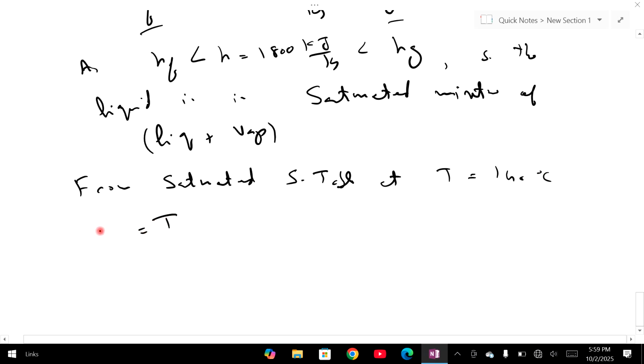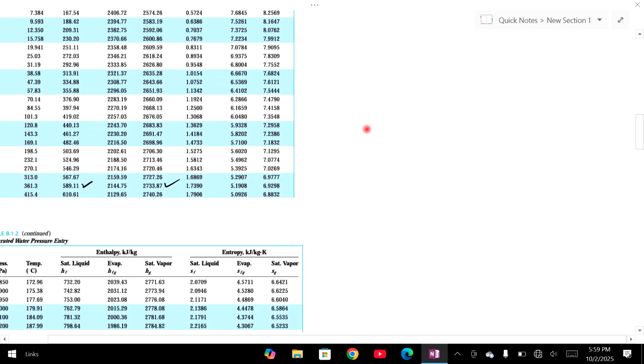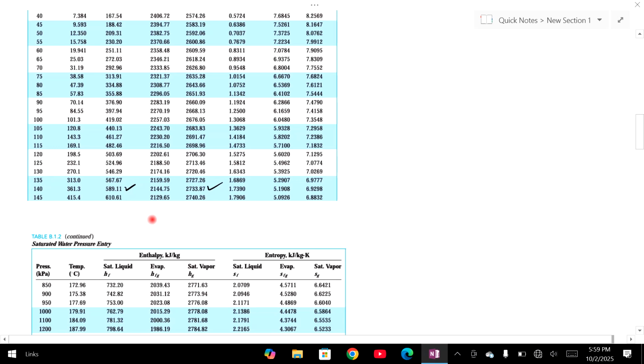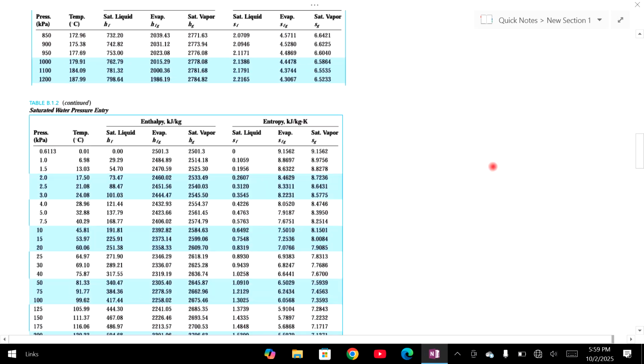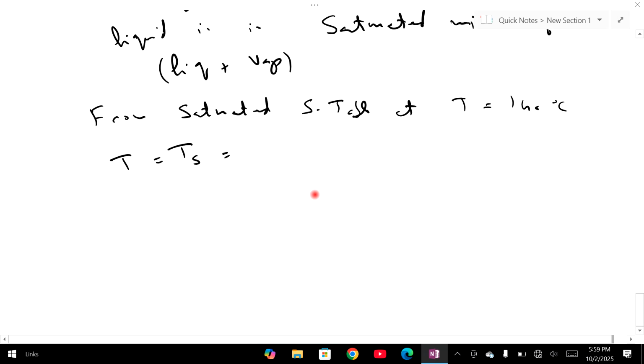T is equal to Ts, which is from the table. At 140 degrees centigrade, saturation pressure is 361.3 kilopascal.